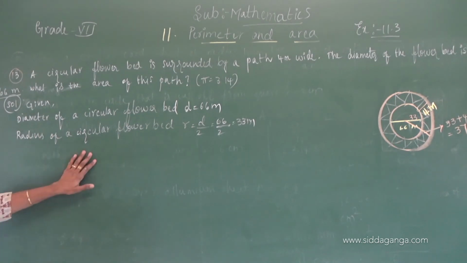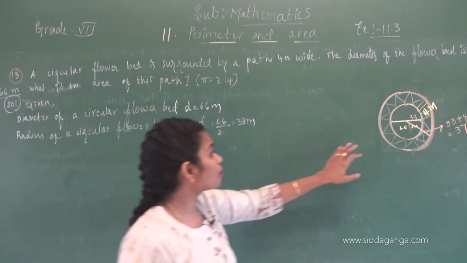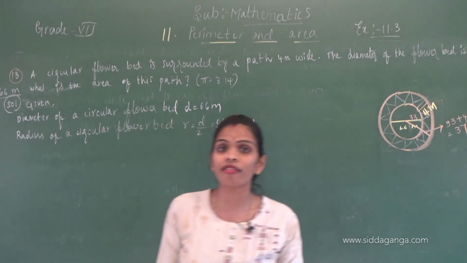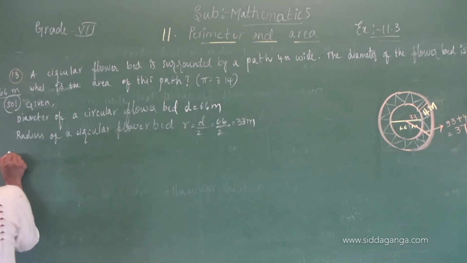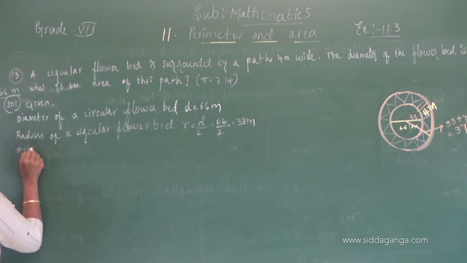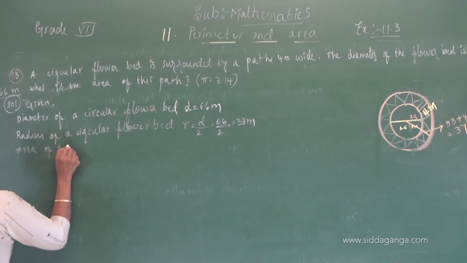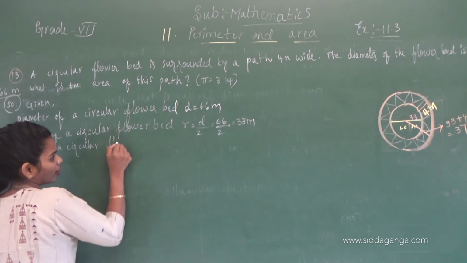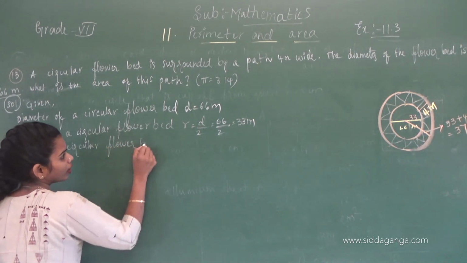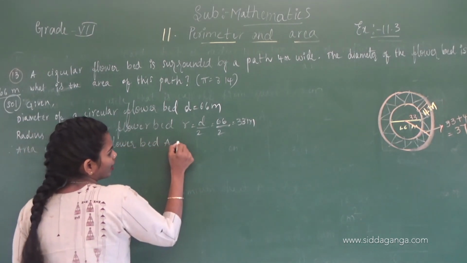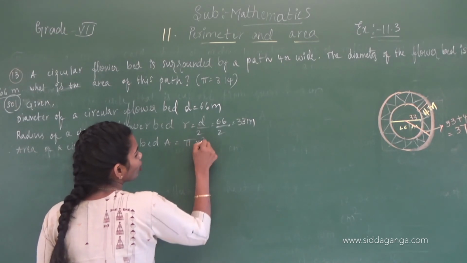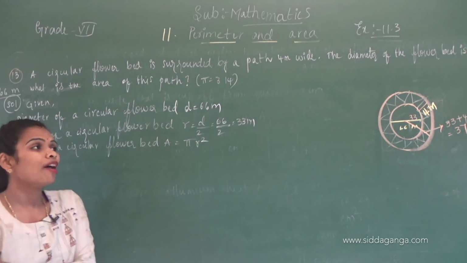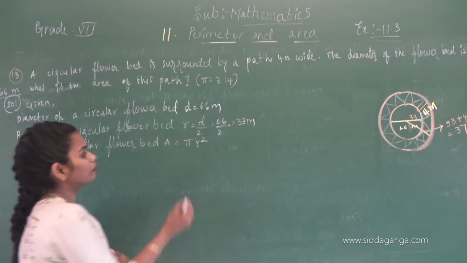If you know the radius, then we can find the area of the inner circle, that means the circular flower bed. Therefore, area of a circular flower bed, A1 equals, what is the formula to find the area of a circle? Pi r square.